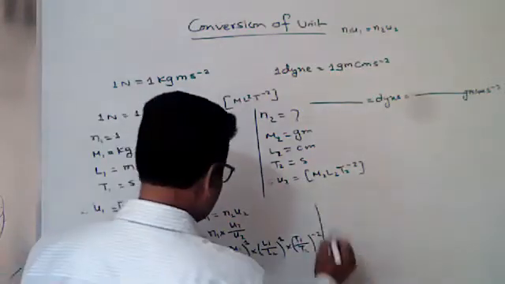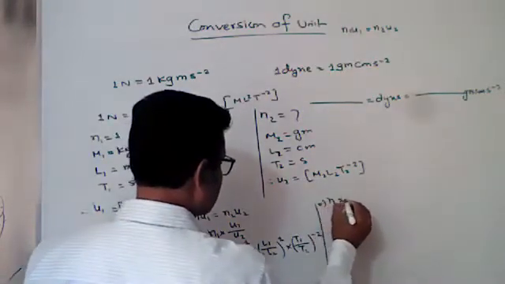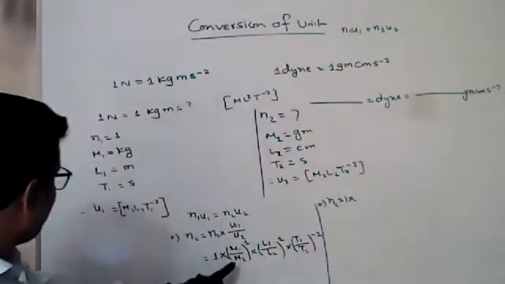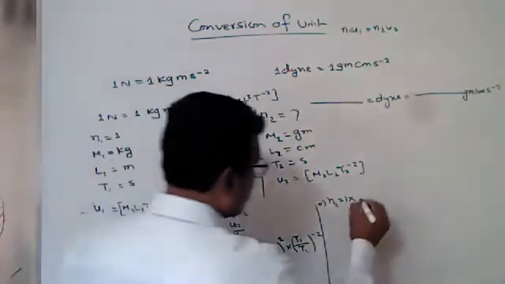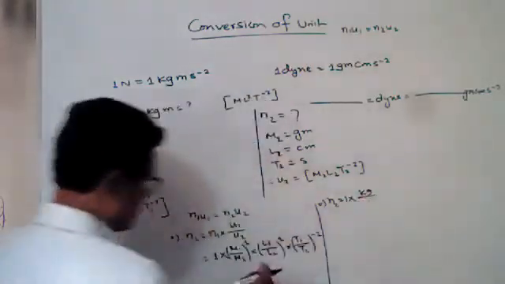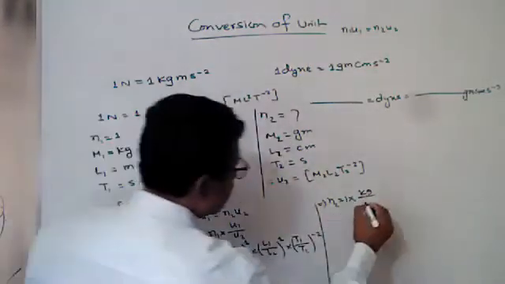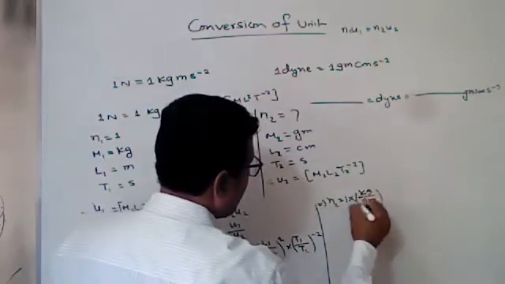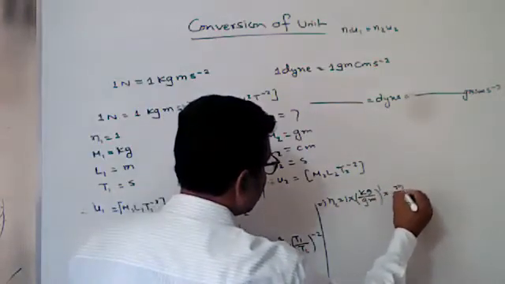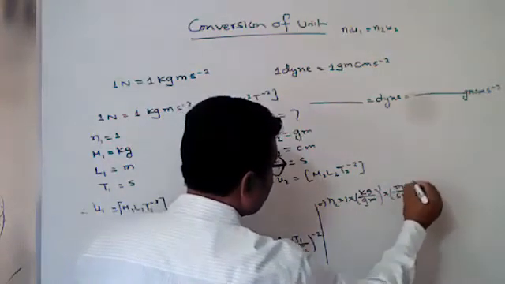From this we can write N2 equals 1 into M1, where M1 is kilogram, M2 is gram, power 1, into meter by centimeter power 1.